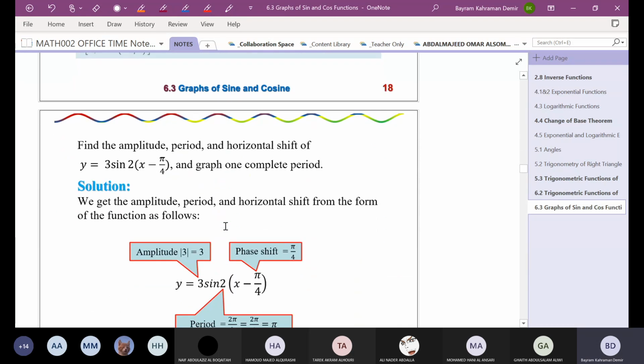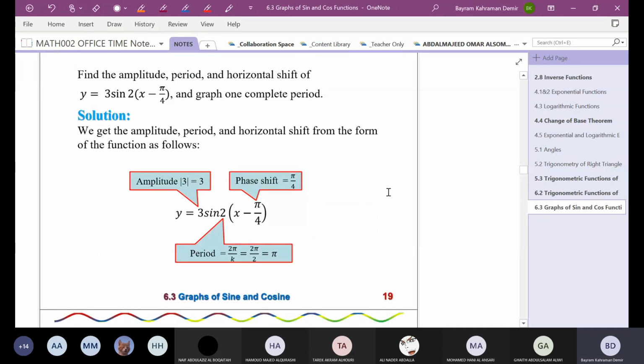All right. So let's see what's happening here, Shabab. Now we have 3 times sine of 2 times x minus pi over 4. Again, how do we find the amplitude? Amplitude is the absolute value of 3, which is 3, right? How do we find the phase shift, Shabab? The horizontal shift is pi over 4 unit to the right, because it is x minus pi over 4.